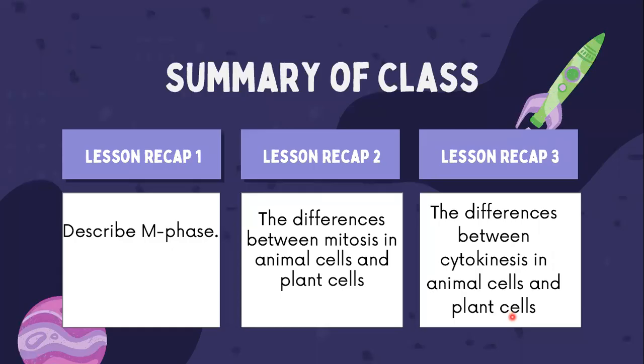And then the cell plate fuses to the border. It comes into contact with the plasma membrane, and the two cells develop their own cell wall and own plasma membrane. So the end result for both animal cells and plant cells after cytokinesis is two daughter cells, correct? Just remember that the outcome of mitosis is two daughter cells.